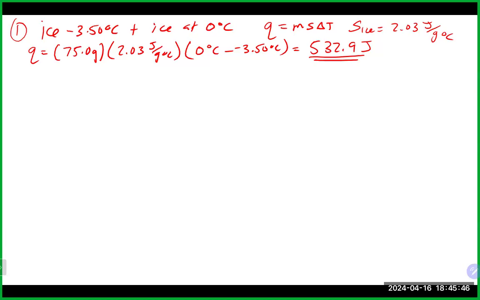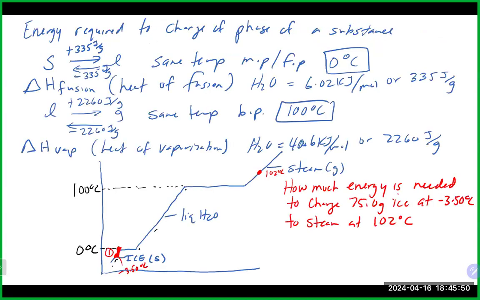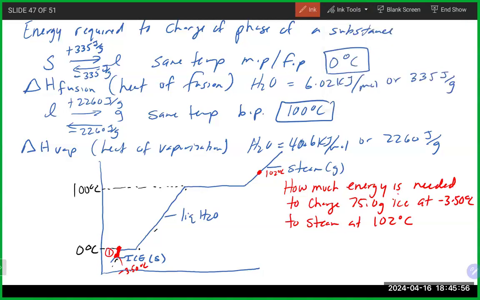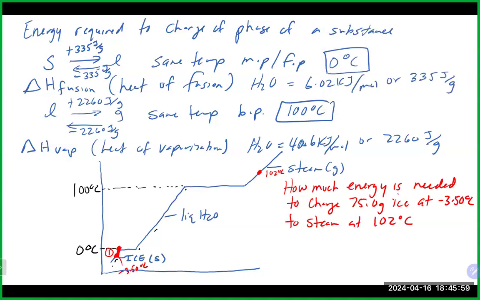All right, the next thing that's going to happen is if we go back to our little graph here, we're now at 0 degrees Celsius, right? And 0 degrees Celsius is where we're going to get a phase change to occur, right? So it's where we're going to go from ice, which is solid, to liquid water in this case.